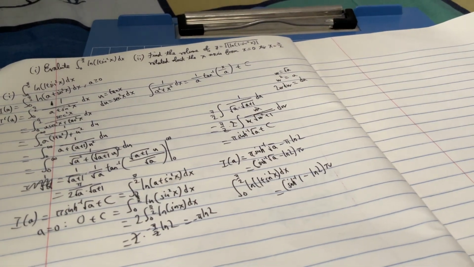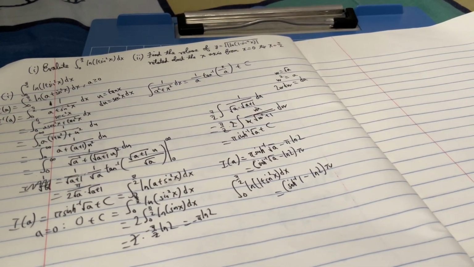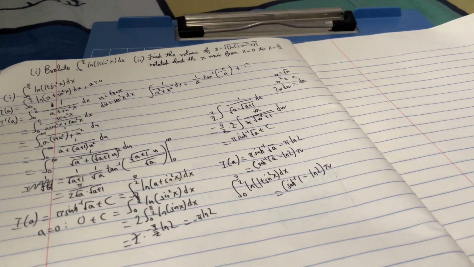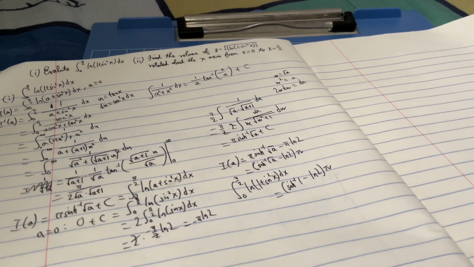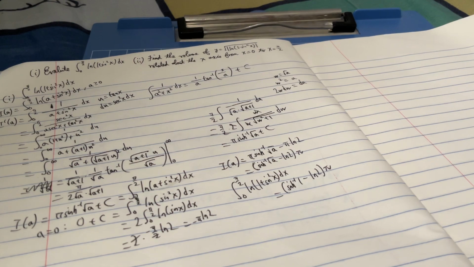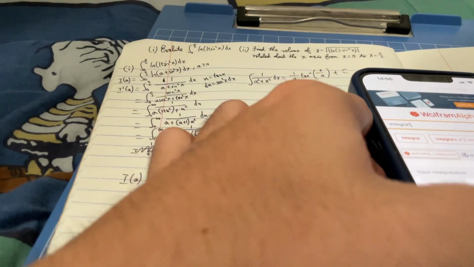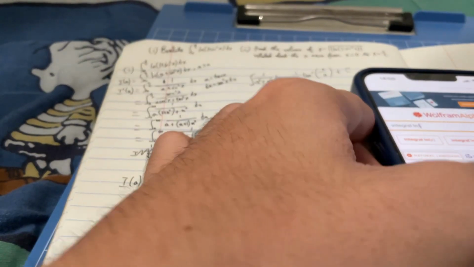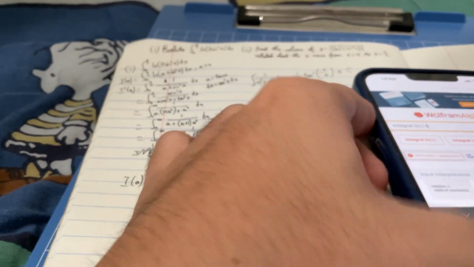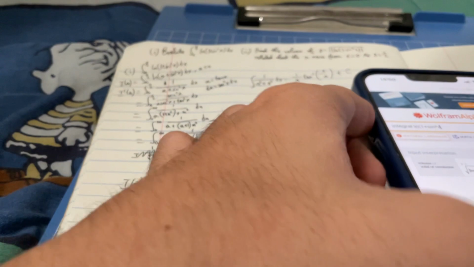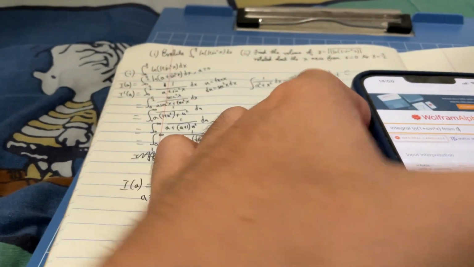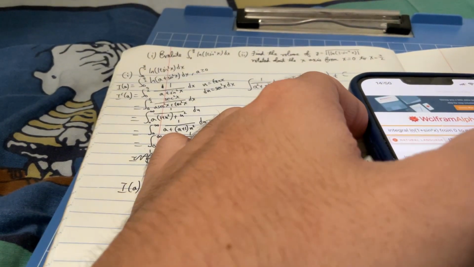And if you put the result into Wolfram Alpha, so let me just type it in: the integral of ln of 1 plus sine squared x from 0 to pi over 2.